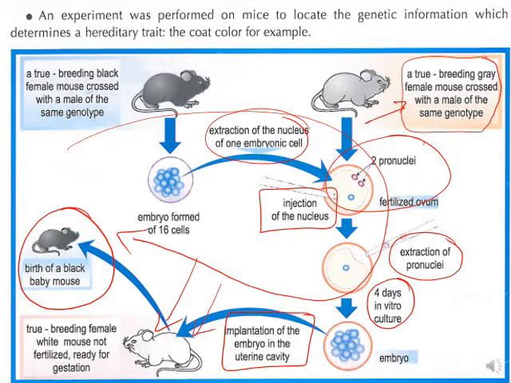So here the genetic information is inherited with the nucleus, not the cytoplasm nor the cell membrane, nor from the nutrition in the uterus of the white mouse. So we can deduce that the genetic information is located in the nucleus.